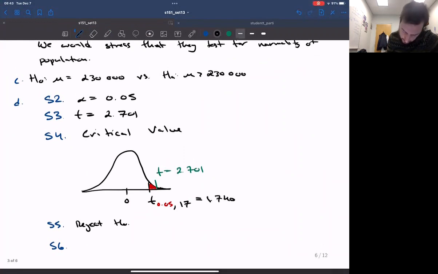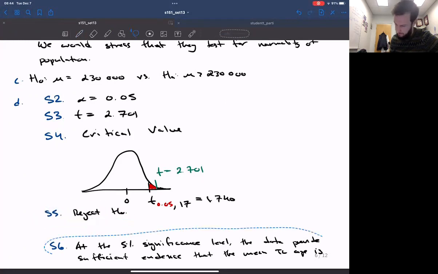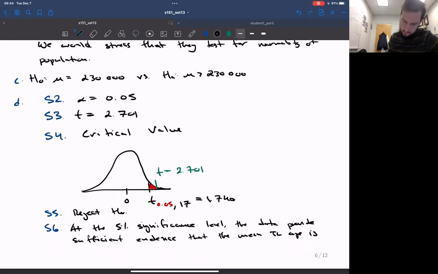So here we would have at the 5% significance level, the data provide sufficient evidence that the mean TL age is greater than 230,000 TL years.